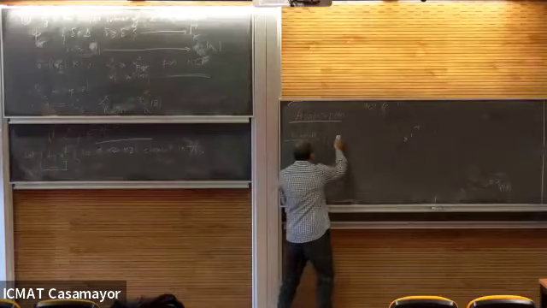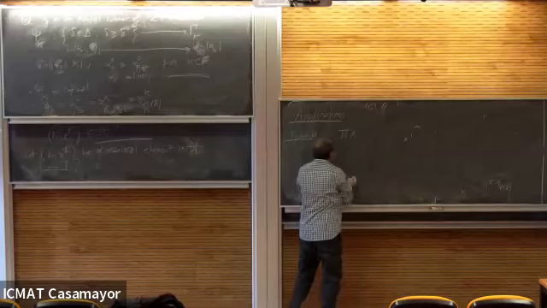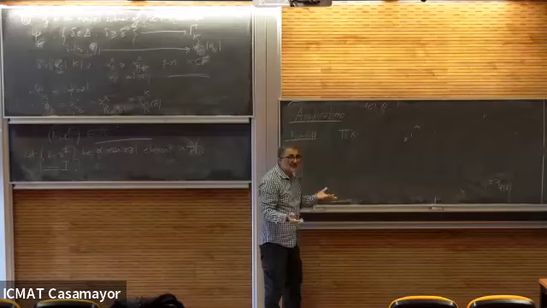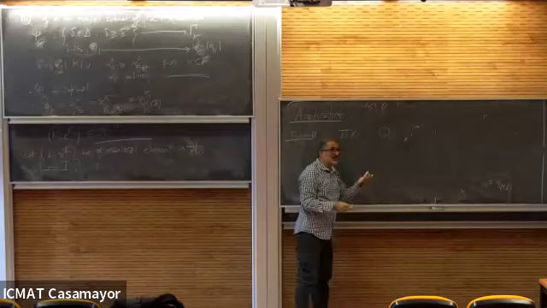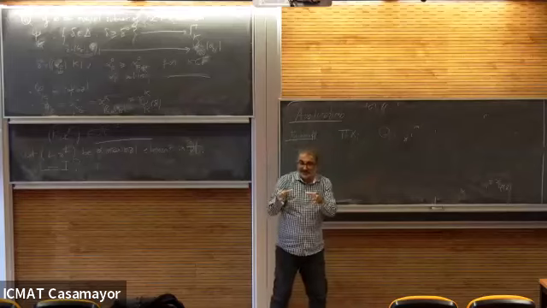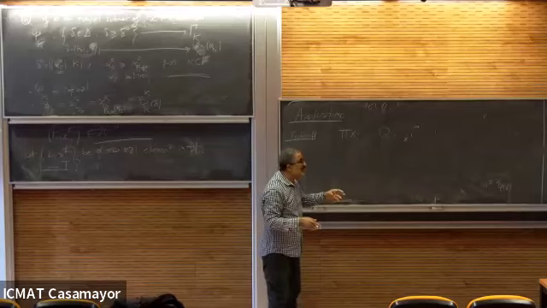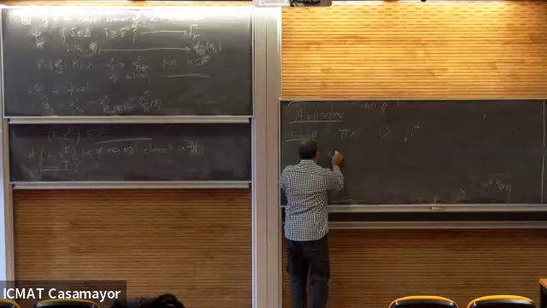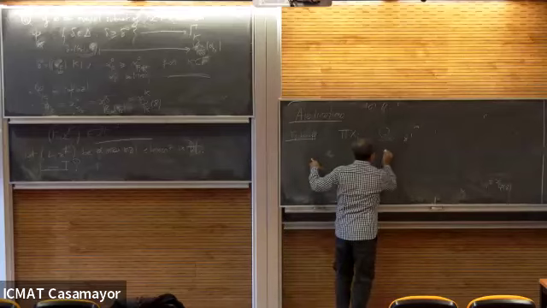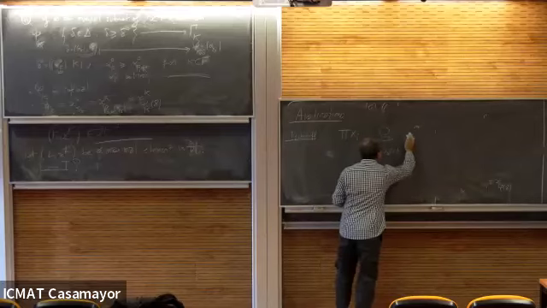But for Tikhonov theorem here, if we have a product, our property will be pi. We will say that a net x alpha satisfies the property pi if the component x alpha of i converges.